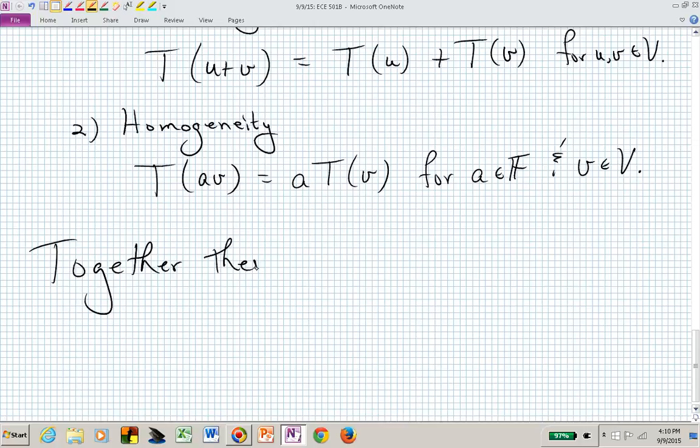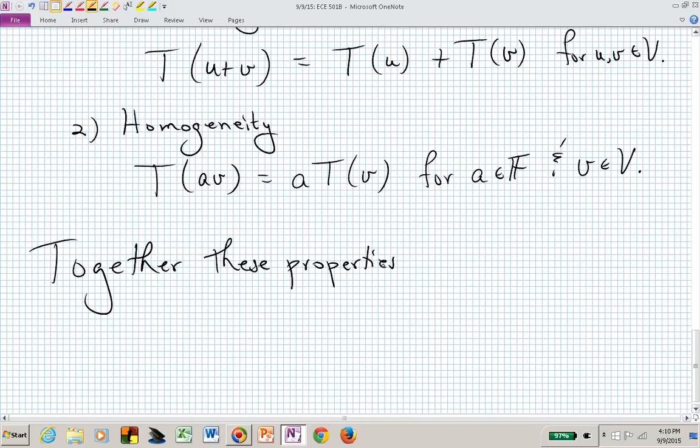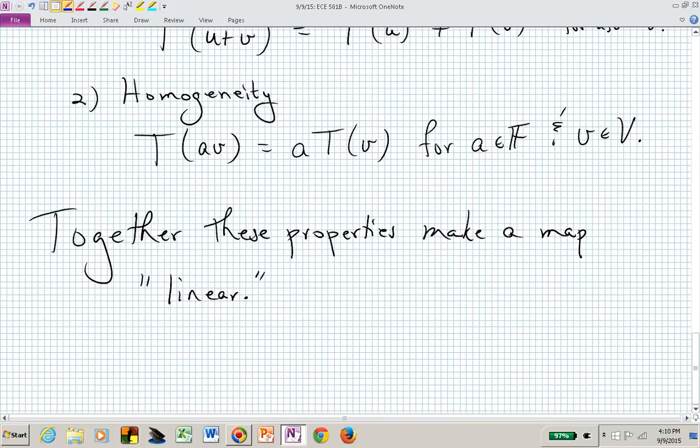Together, these properties make a map linear. And the book makes the following comment, and I will be consistent with the book as far as we may mix notation.